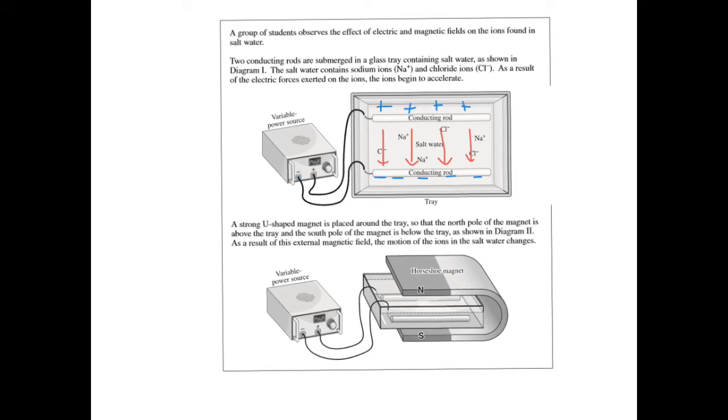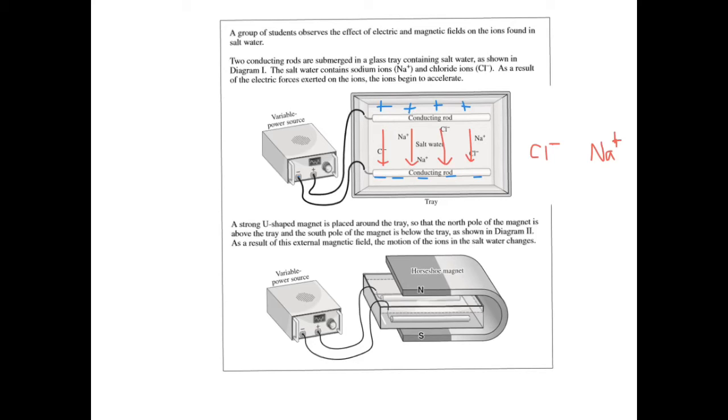Now, because we have that uniform electric field, our chloride ion and our sodium ion are going to experience an electric force. Because they're oppositely charged, the electric force acting on each of those is going to be different.